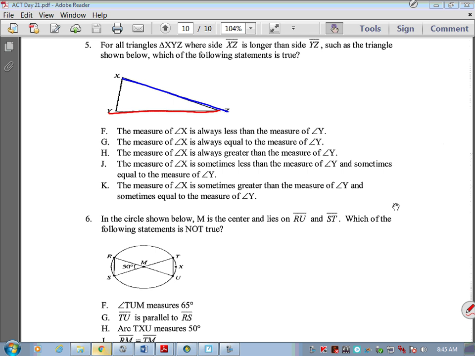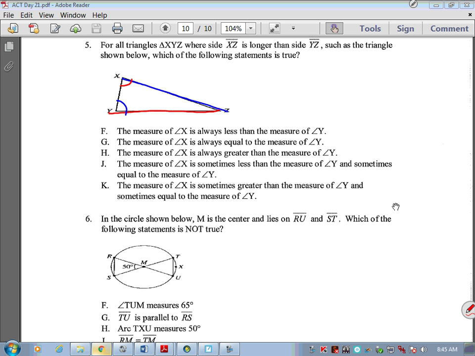So if XZ is longer than YZ, then angle Y has to be greater than angle X. Okay? Because a longer side will be opposite a larger angle.